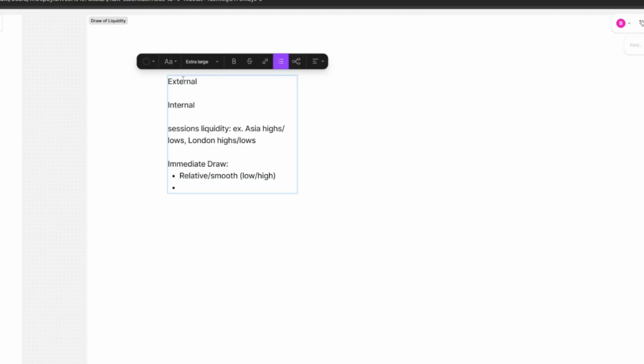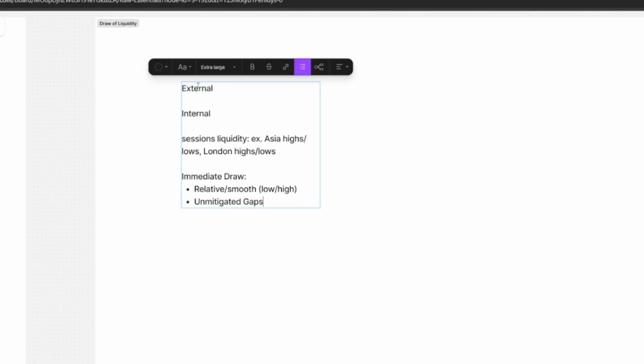Next thing would be unmitigated gaps. So this could be more seen as internal because an example of this that I like to use is a 15-minute gap, a 15-minute fair value gap here. And when the gap is, there's no fill back in, that becomes unmitigated.